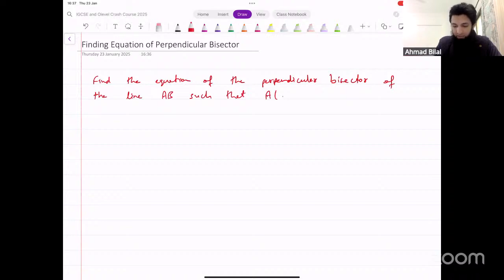Let's say the coordinates of A are 2 and -3, and the coordinates of B are 5 and 6. So we have these 2 points.